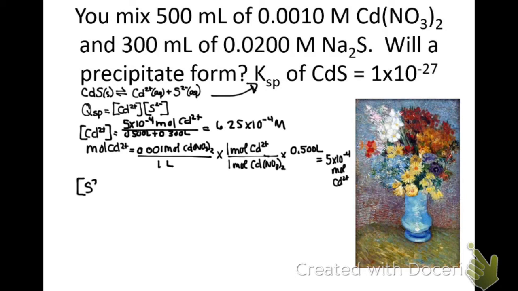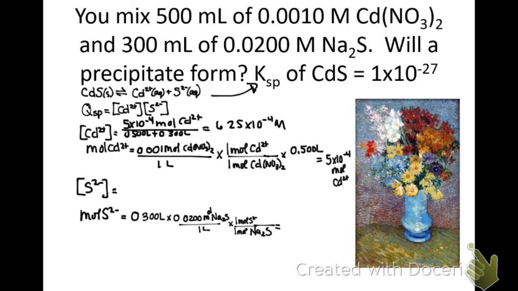To find the concentration of sulfide, we're going to do the same thing. So we can find the moles of sulfide in the mixture by considering that we have 0.3 liters times 0.02 moles of sodium sulfide per 1 liter, and that for every 1 mole of Na2S there is 1 mole of sulfide.